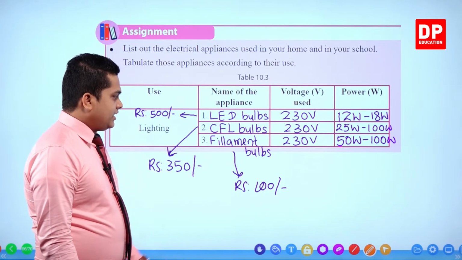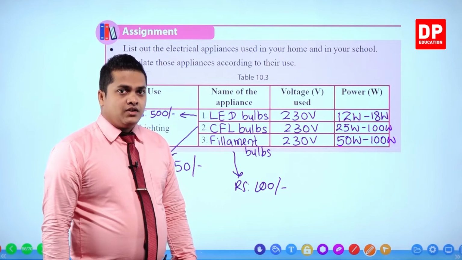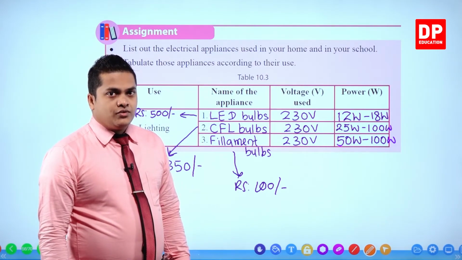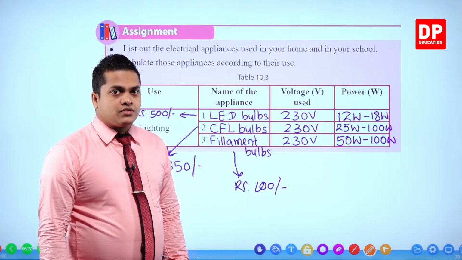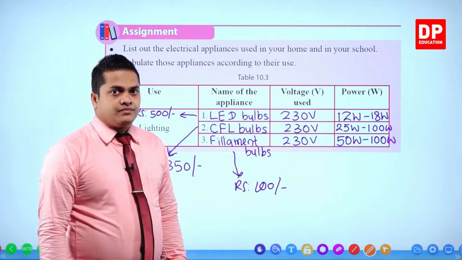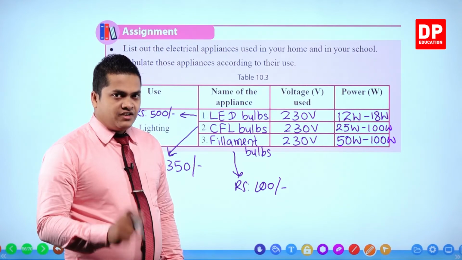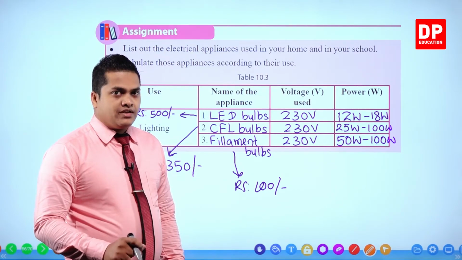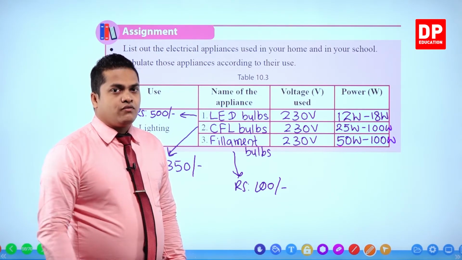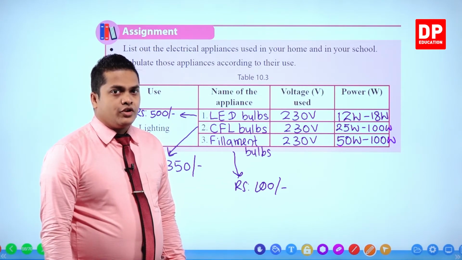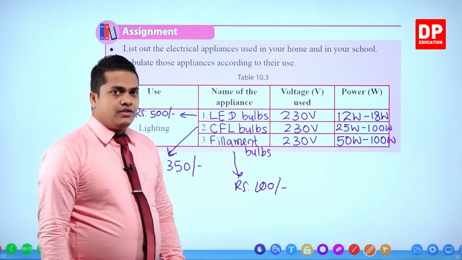So you might think filament bulbs are good and you will use them to light up your house. Such a waste, because the money you save on the first day is spent within 3 to 5 days if you operate a filament bulb in your house.